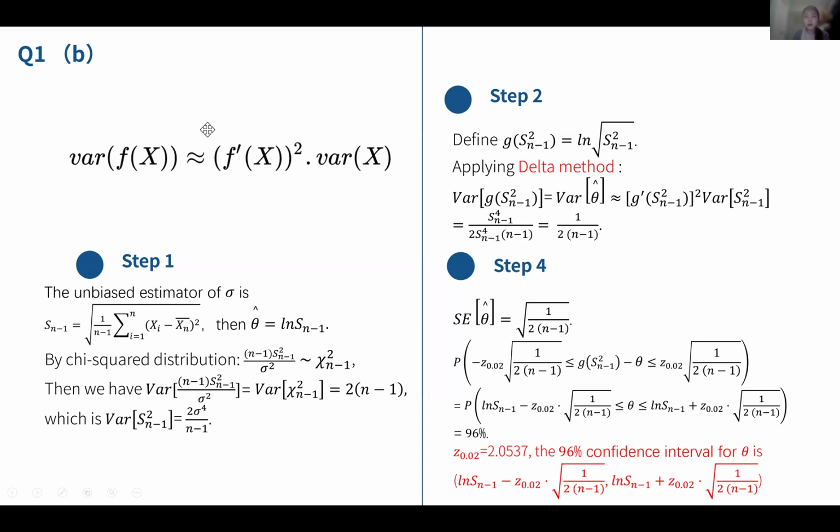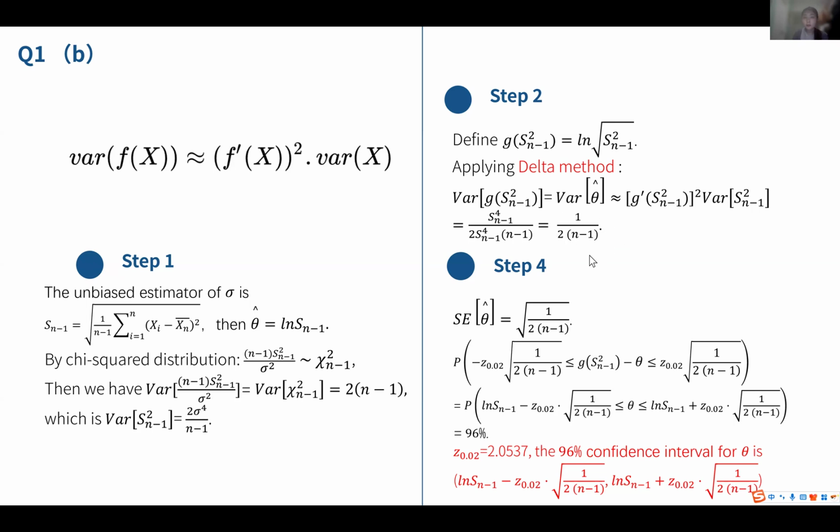In step two, we define a function of Sn-1 square based on the definition of theta. Now we apply the delta method I showed here, and we can have this after the simplification.